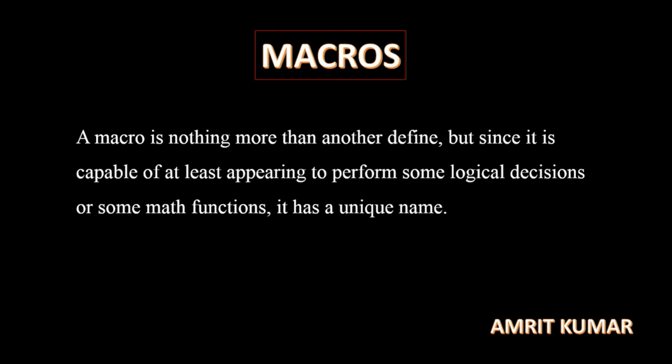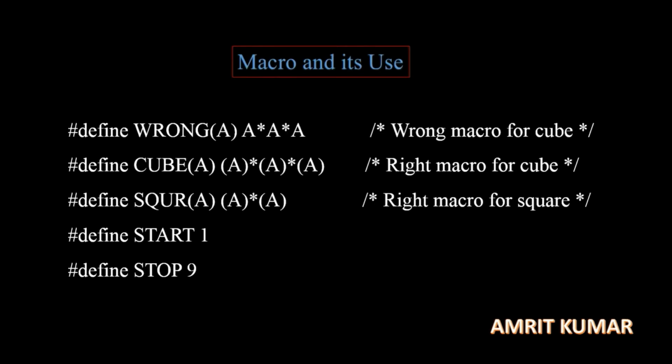This is the main purpose of a macro. We will build a program using the macro concept, and you will understand it very easily. So let's look at macros and their use.